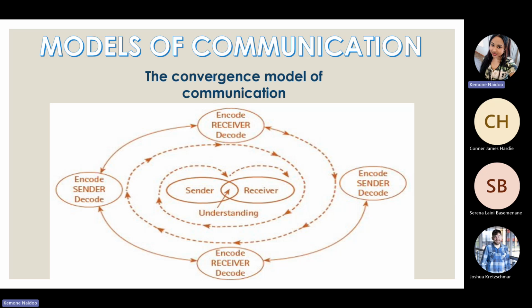The receiver then decodes that message and then will encode a message to send back to the sender. And this process can go on. In this type of model, we do have some sort of feedback that is coming through from the receiver, and that is how we are able to encode a message and have that be sent back to the sender.